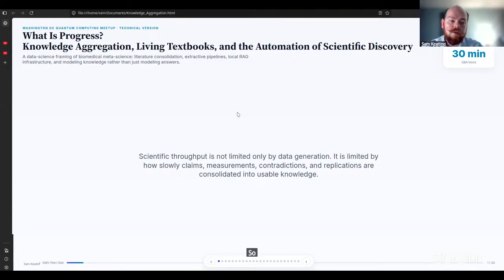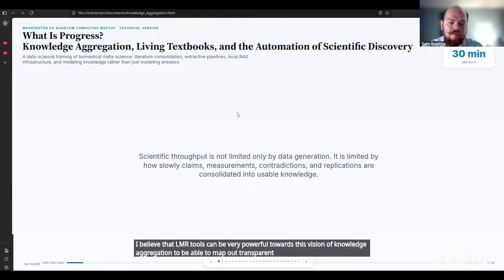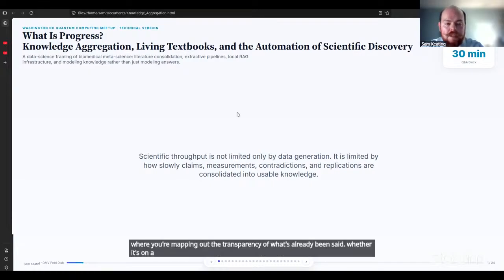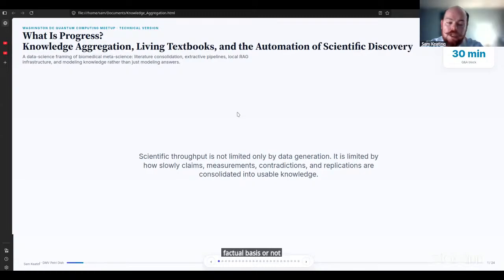So I believe that LLM AI tools can be very powerful towards this vision of knowledge aggregation, to be able to map out transparently two different flavors of knowledge aggregation frameworks, where you're mapping out the transparency of what's already been said, whether it's on a factual basis or not. Just being able to map out what people were talking about and the silos.